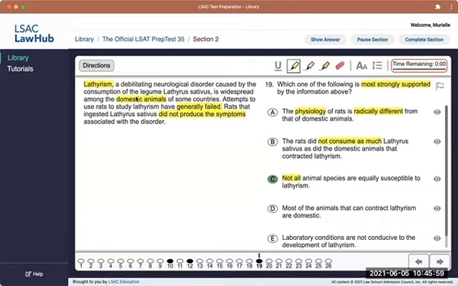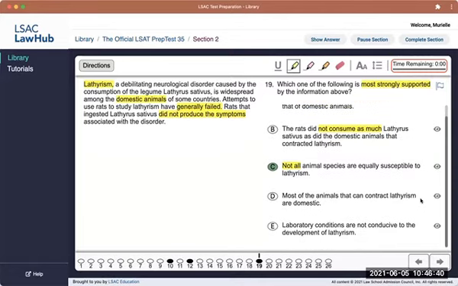I also like the language of it. "Not all" is a lot easier to support than more specific or more extreme language. "Most" is problematic. We do have it being widespread, but other than that, we don't have any indication of majority. And even widespread doesn't necessarily mean it's the majority.